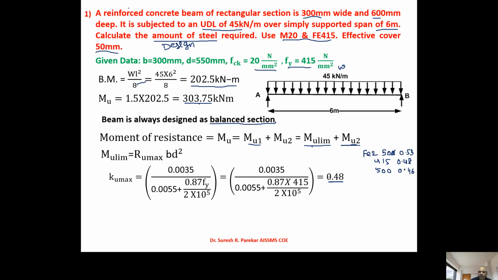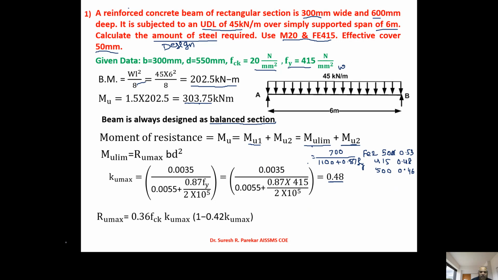So you can directly give reference of this and take the Ku max value, which is 0.48 as per IS code. Now the second formula we have also seen, that is 700 divided by 1100 plus 0.87 fy. You can go by any formula, we should know both, because in competitive examinations you may come across formulas also. In that case you should be in a position to correct the answer.